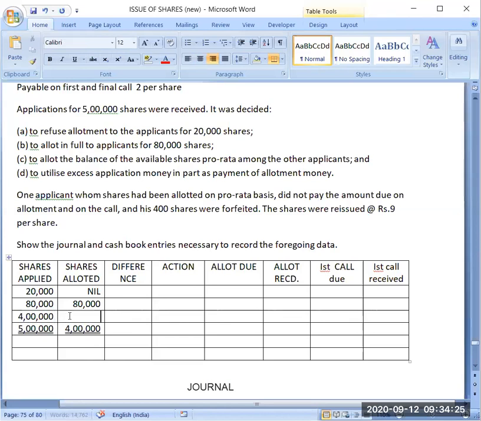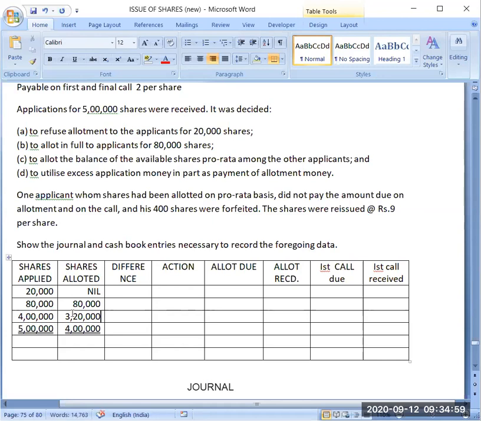Simple. And here till now I have allotted only 80,000 shares out of 4 lakh. So the rest of the allotment will be how much? 3,20,000. So in this manner, the category is of pro rata allotment to the applicants of 4 lakh shares. You have allotted only 3,20,000 shares.